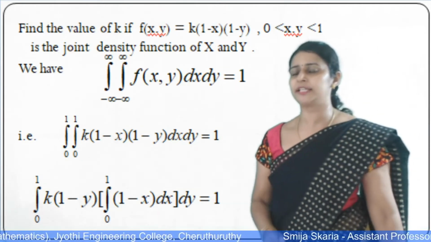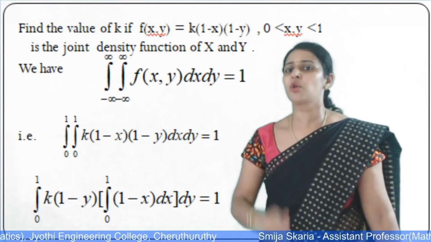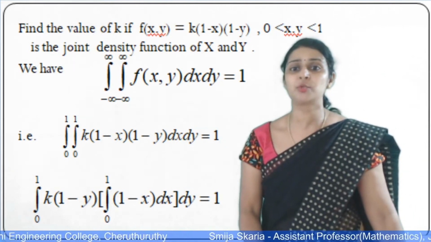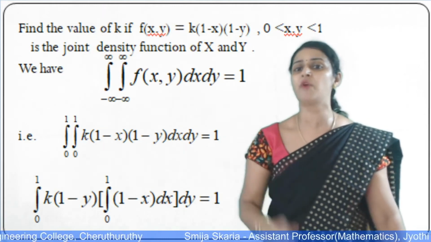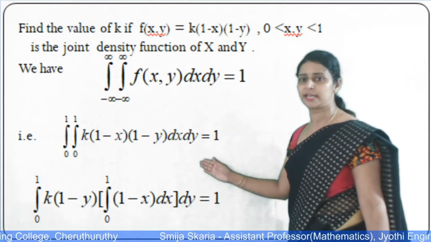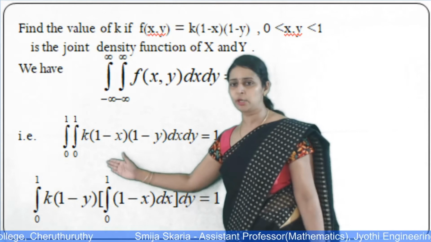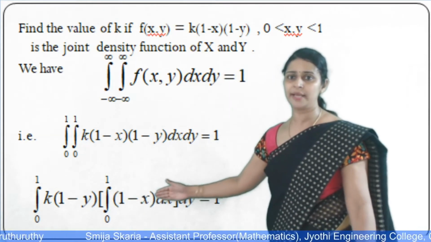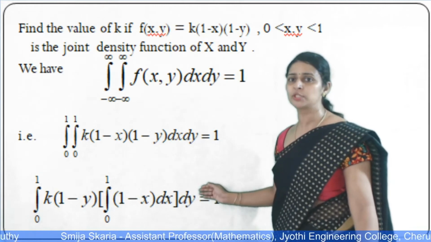Here we are integrating with respect to x first. So we can take k into (1 minus y), which is constant with respect to x, outside the integral. So the integration becomes integral 0 to 1, k into (1 minus y), integral 0 to 1, (1 minus x) dx, dy equal to 1.